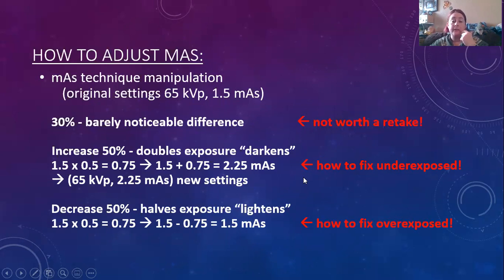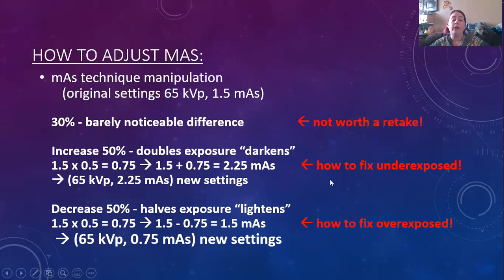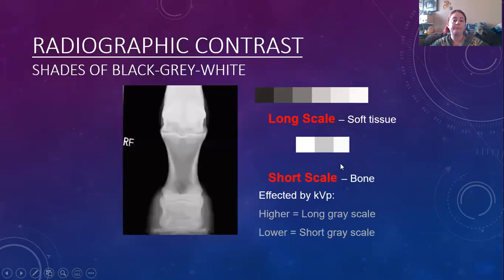On the other hand, if it is overexposed, we are going to decrease it by 50%. 1.5 times 50%, or 0.5, gives us 0.75. So 1.5 minus 0.75 gives us 0.75 mAs. Our new settings would be 65 kVp, 0.75 mAs.